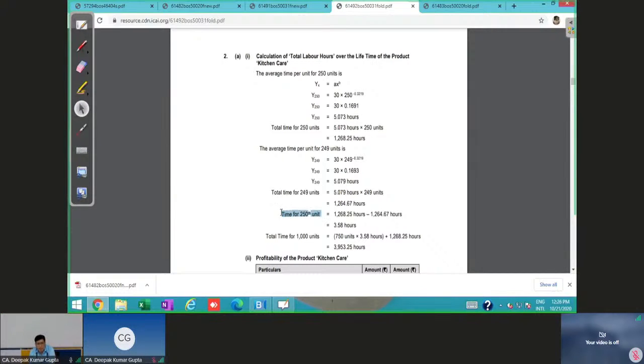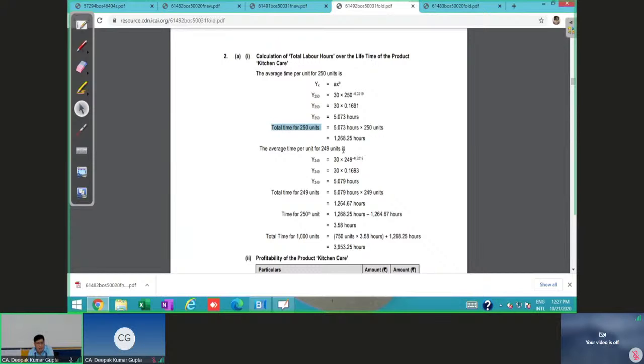First, I will compute the total time for the 250th unit. To get the time for the 250th unit, I have to compute the average time for 250 units. Average time for 250 units by applying the learning curve formula is 5.073 hours, and total time for 250 units is 1268.25 hours.